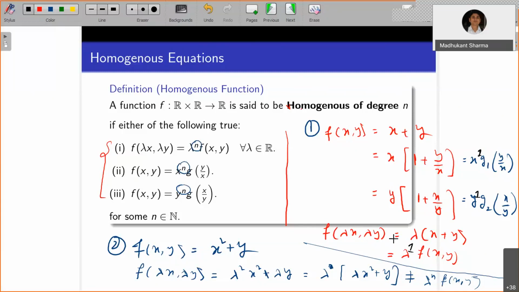This condition remains true when you take lambda equal to lambda to the power n. But then you have to look at the least power. The least power for which you are getting lambda into f of x y, or lambda square into f of x y, will decide the degree of the homogeneous function.